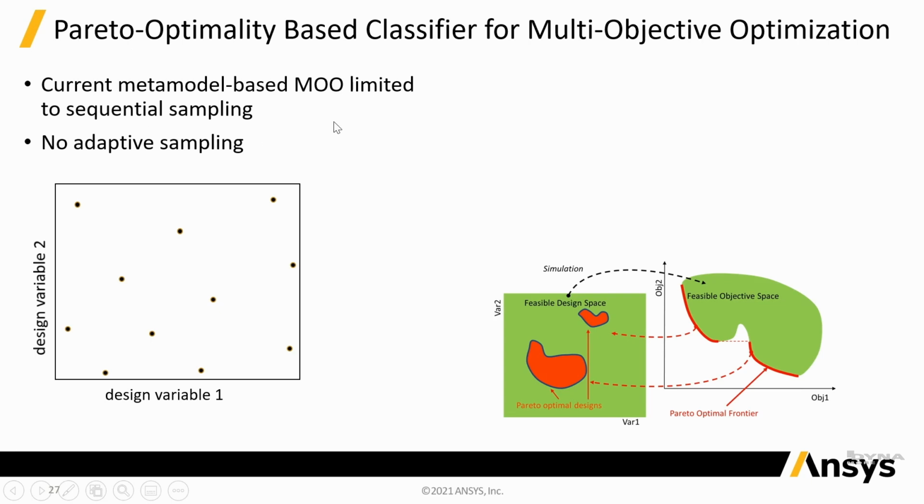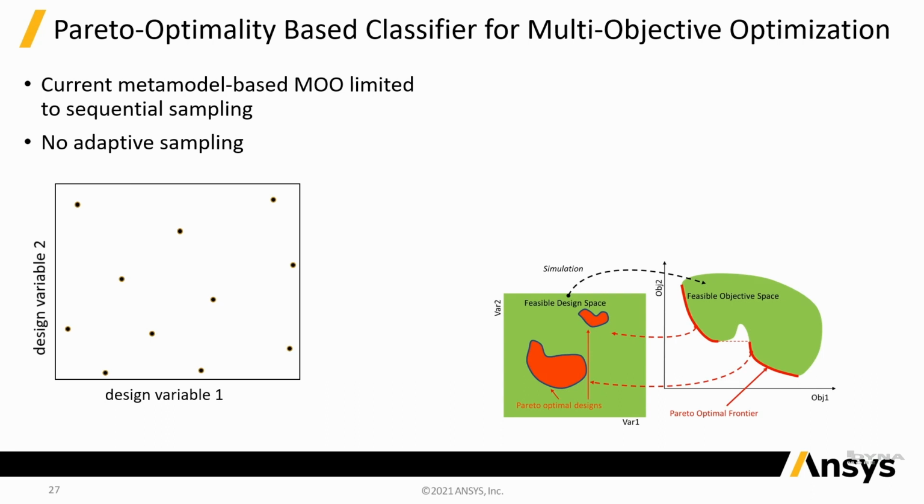However, the current metamodel-based method is not really adaptive, in the sense that the samples are added sequentially, but they are added in a space-filling manner in order to get the next Pareto optimal front. So the idea here is to have an adaptive method to be able to predict the Pareto optimal front in a much more efficient and accurate manner.